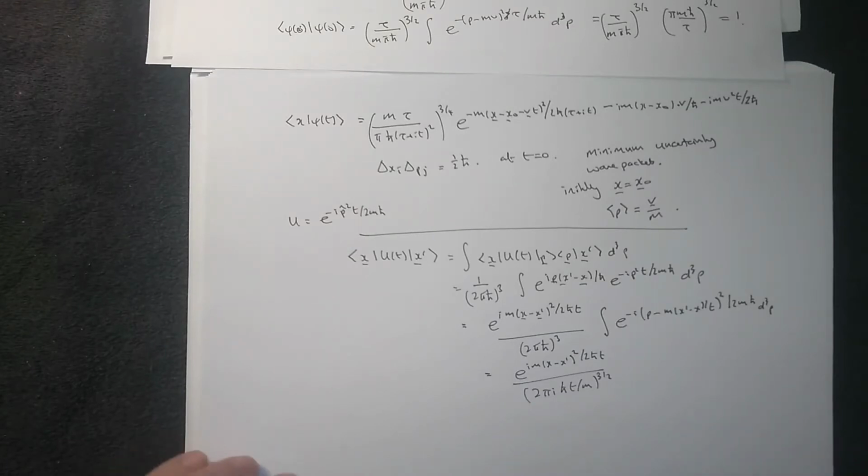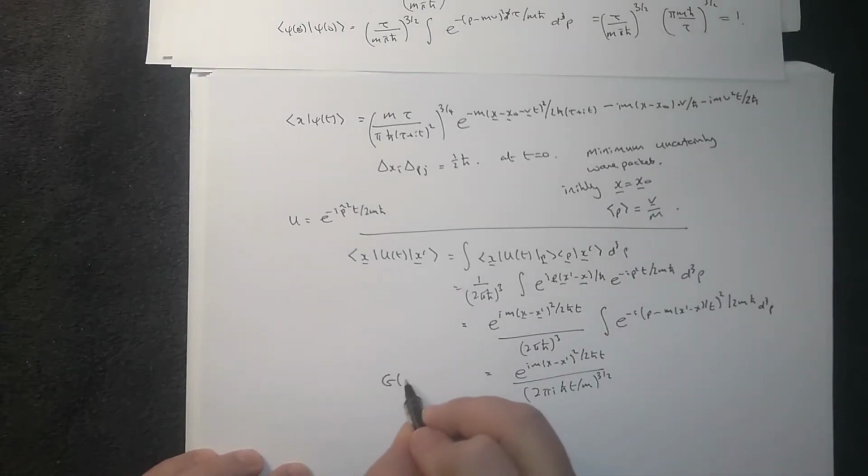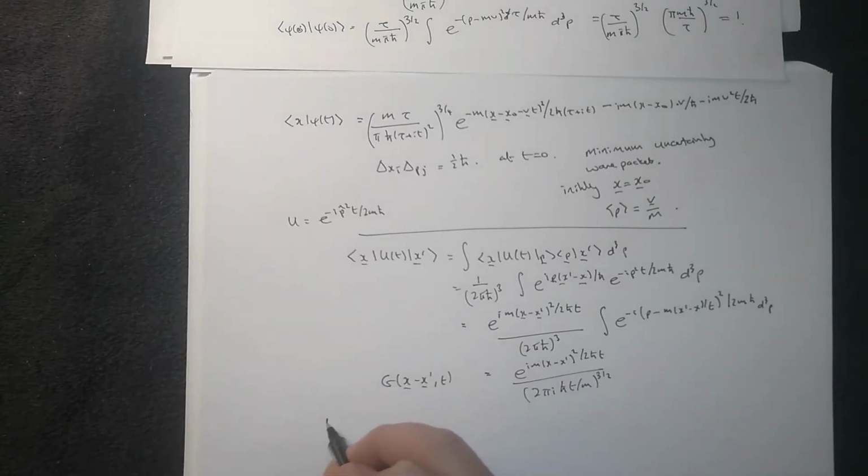So I'm going to write that as g of x minus x prime and t. And at t equals 0, we have got this divided by 0, so I want to think about that a little more.